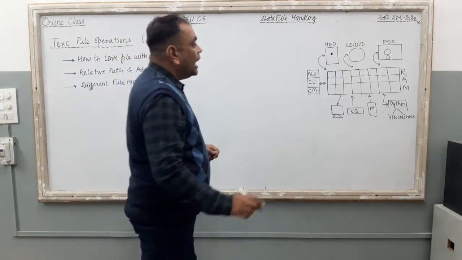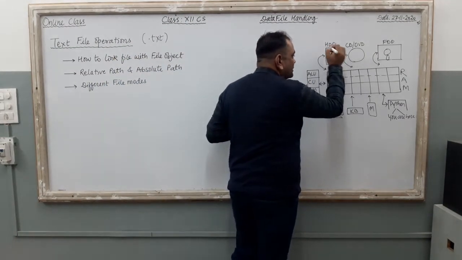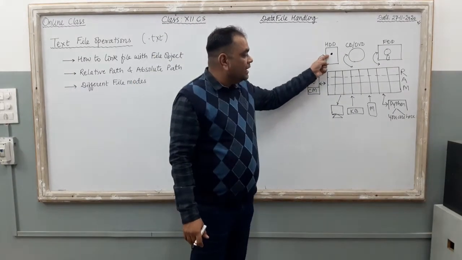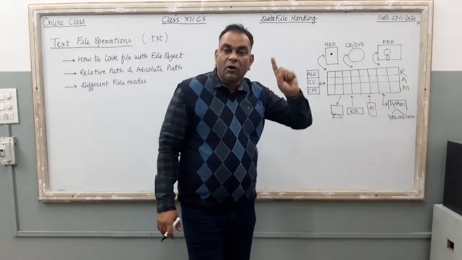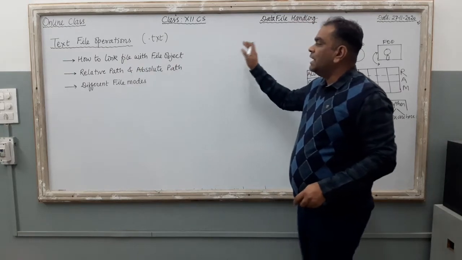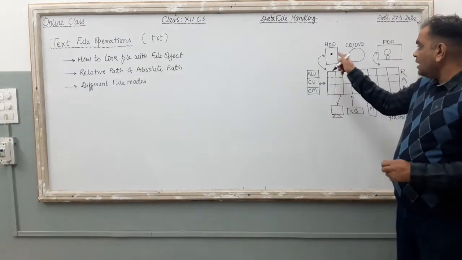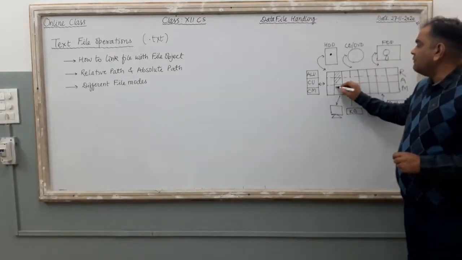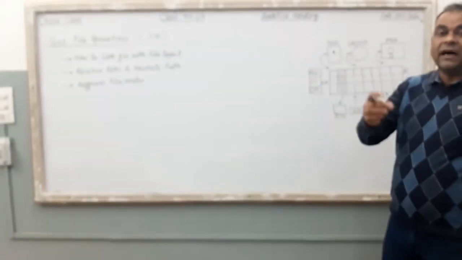Right? Now a file is there inside the hard disk, and how can you link the file with your Python program? For that, the first topic is how to link file with file object. Suppose file is here in the hard disk, and if you want to upload the file in your computer's memory, then you have to create one file variable, or we can say file handle, or the third name is file object.